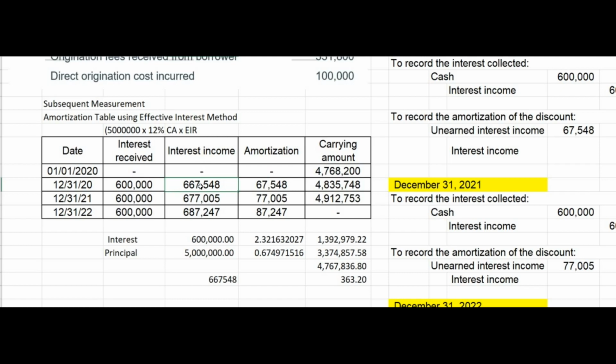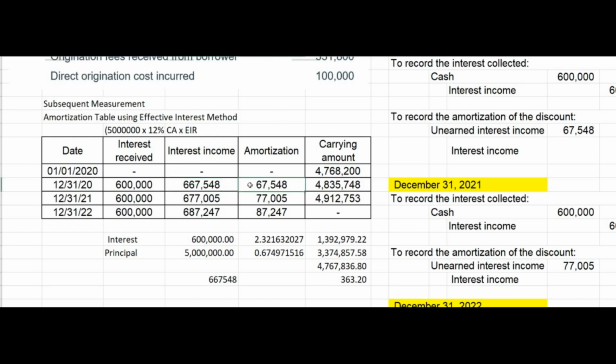This is your effective interest or your interest income, and this is your interest received, which is equivalent to your nominal interest. So, if you deduct or get the difference of these two, you have 67,548. That 67,548 is considered as your amortization.